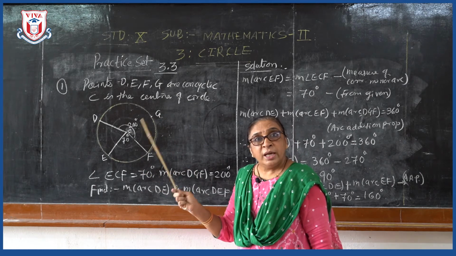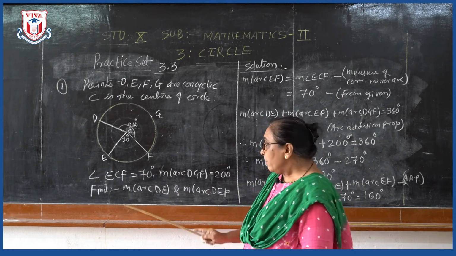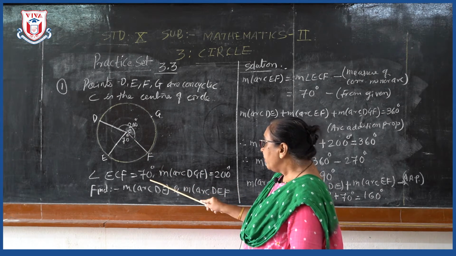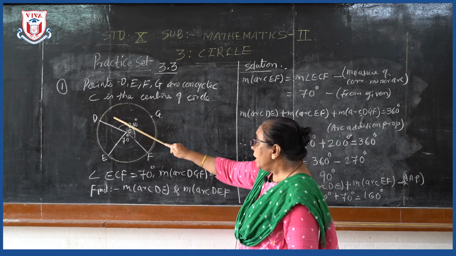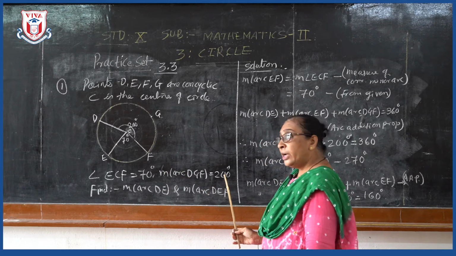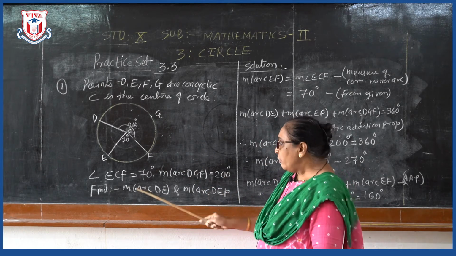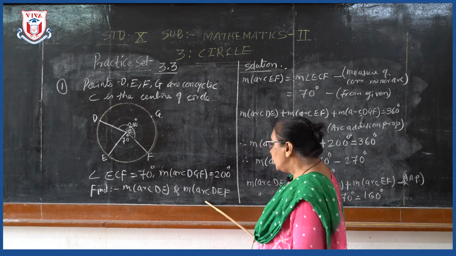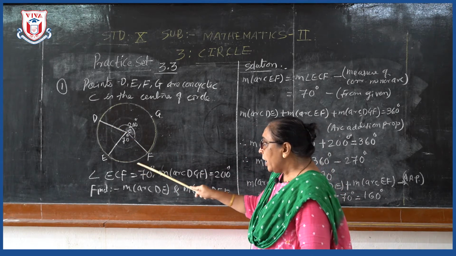Concyclic means they are lying on the same circle. Angle ECF is given as 70 degrees. Major arc DGF is given as 200 degrees, and we have to find arc DE and arc DEF.